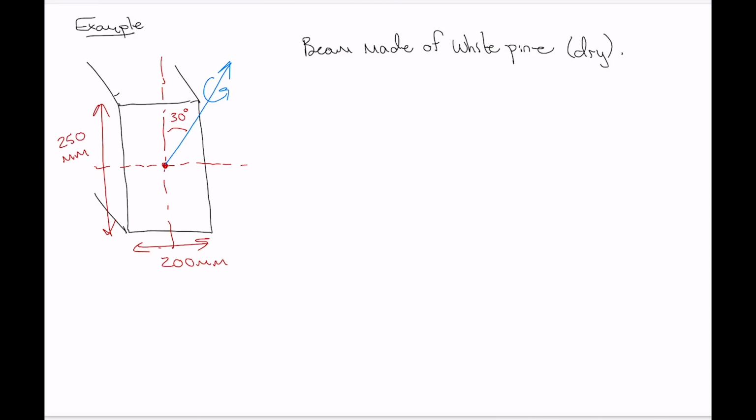And then the question that we'll ask ourselves is, what is the maximum allowable value of this moment before failure of the wood occurs? Right? So the maximum value of M before failure. Okay, so that's the question.